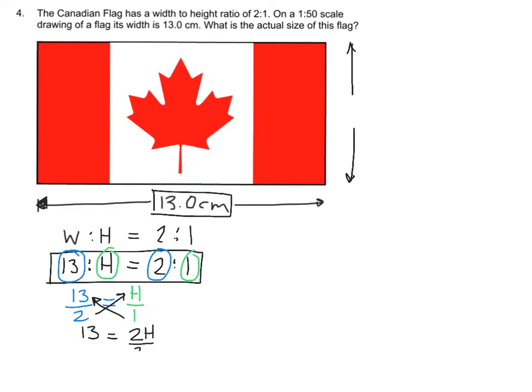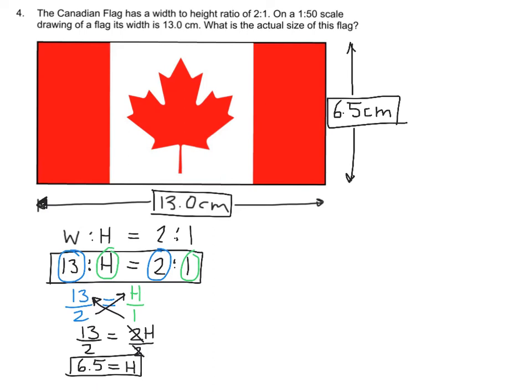Then, of course, divide both sides by 2 to get rid of the 2 there. And when I divide both sides by 2, I end up with h is equal to 6.5. So the height of my flag, the drawing, not even the real life one, is 6.5 centimeters. So this is the height of this thing.